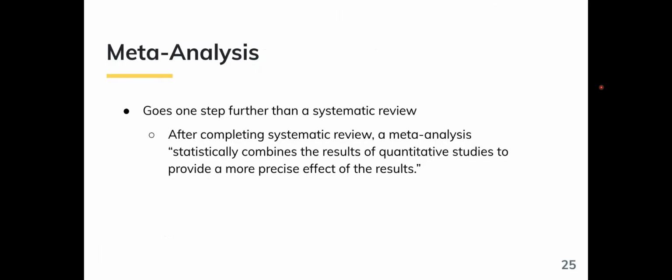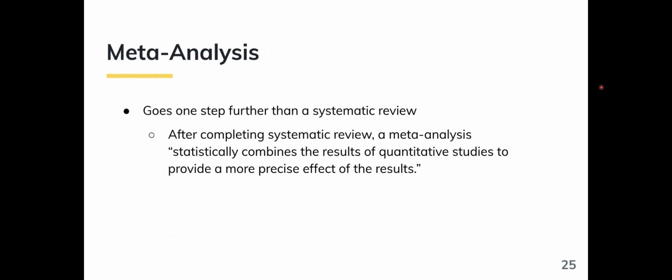And then finally, a meta-analysis. This takes systematic reviews one step further. So after doing the systematic review methodology, a meta-analysis then statistically combines the results of quantitative studies to provide more precise statistics on this.